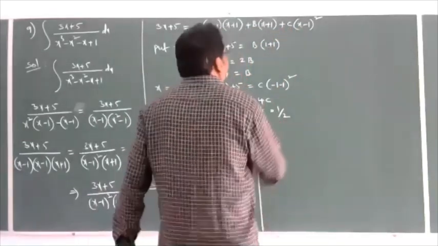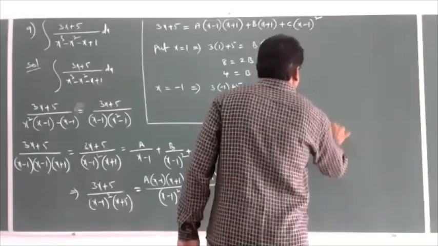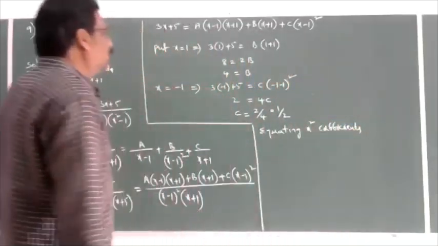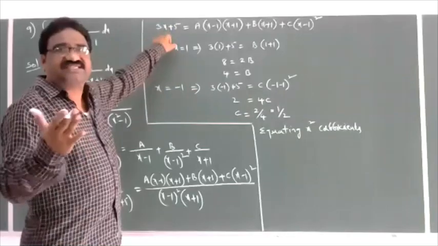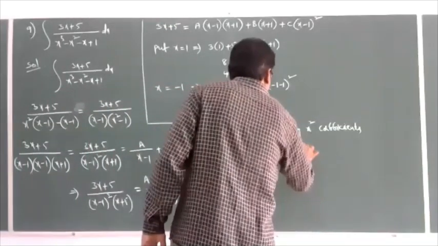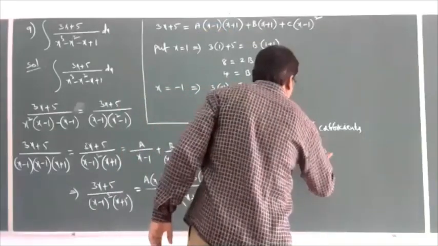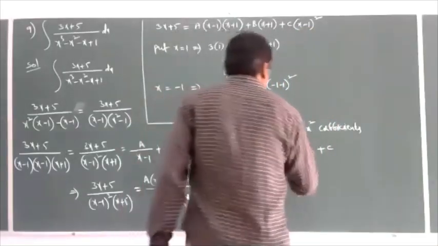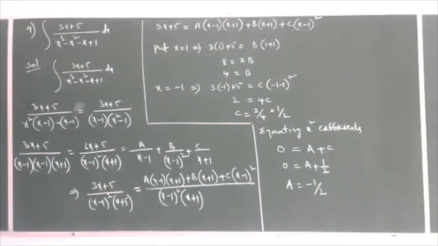On the LHS, there is no x square term, so 0 is equal to A plus C, where C is 1 by 2. Then we get A is equal to minus 1 by 2.